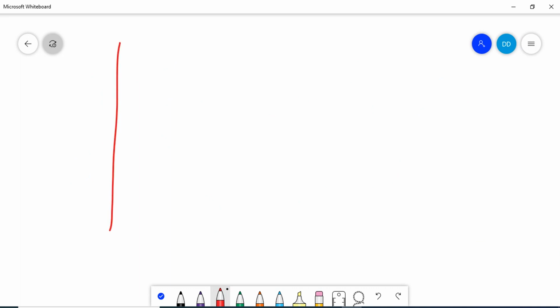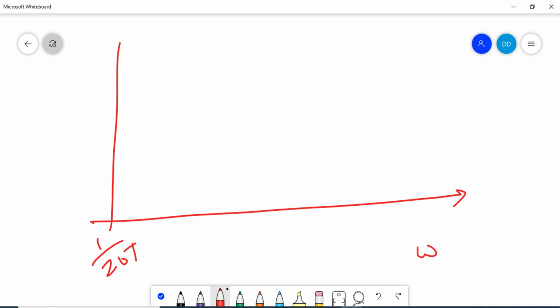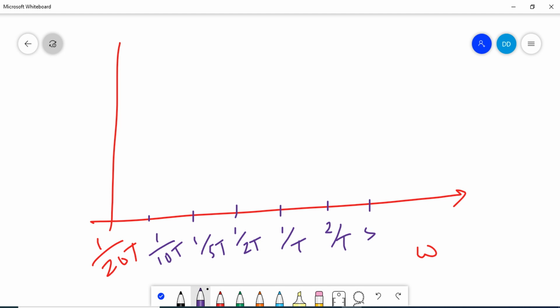This is omega. So this is 1 by 20t. The next marking here will be 1 by 10t. Here it is 1 by 5t, 1 by 2t, 1 by t, 2 by t, 5 by t, 10 by t.